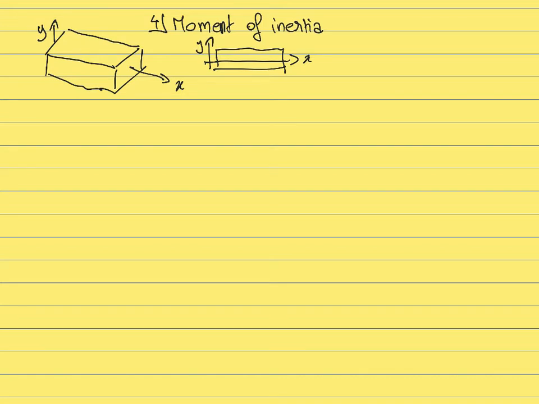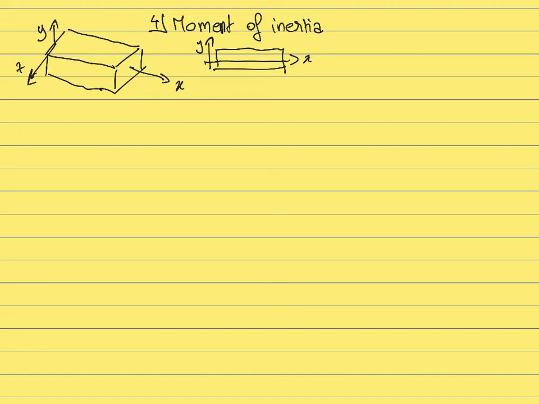So then if you have this beam with those two axes, it means that necessarily you must have an axis z that is pointing in this direction, so that the x, y, and z axes form an orthogonal coordinate system.